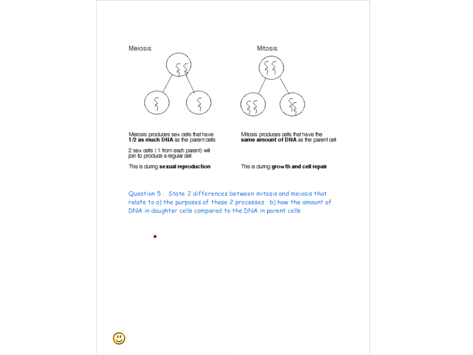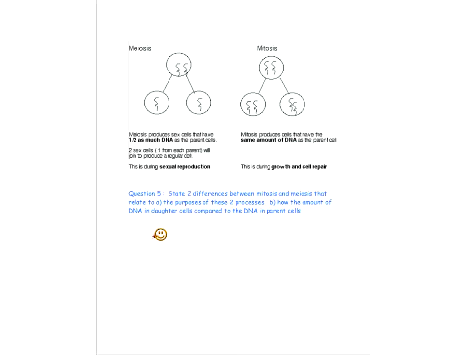Now, what's the difference in the amount of DNA with mitosis and meiosis? How do we compare them? How do we describe the amount of DNA in the parent cell and daughter cell in mitosis? Okay, so a daughter has half as much as the mother.